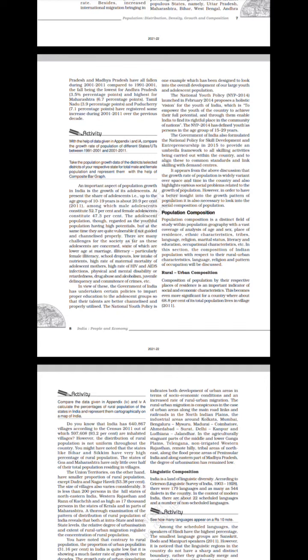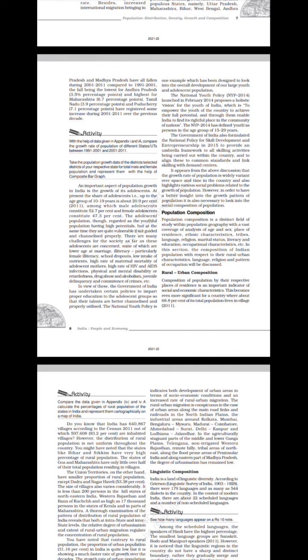The Government of India also formulated the National Policy for Skill Development and Entrepreneurship in 2015 to provide an umbrella framework to all skilling activities being carried out within the country and to align these to common standards and link skilling with demand centers.